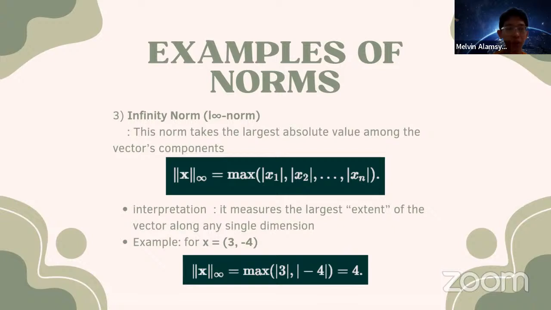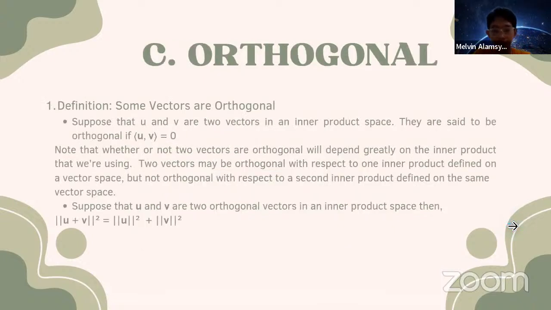When we calculate the infinity norm of this x, we have the maximum of the absolute value of 3 and the absolute value of minus 4. And we have 4 as the infinity norm of x. Okay, next.